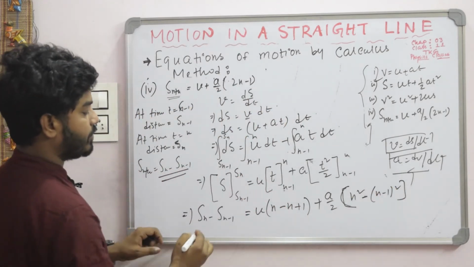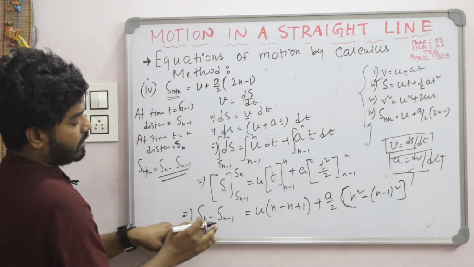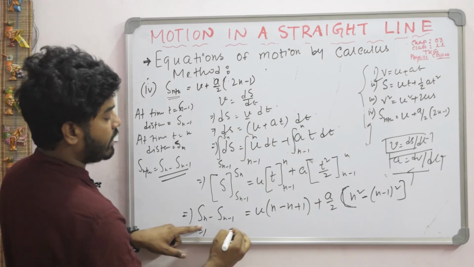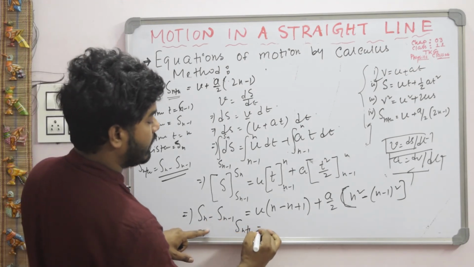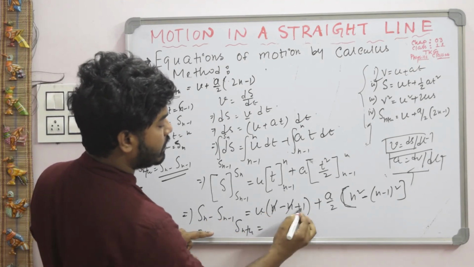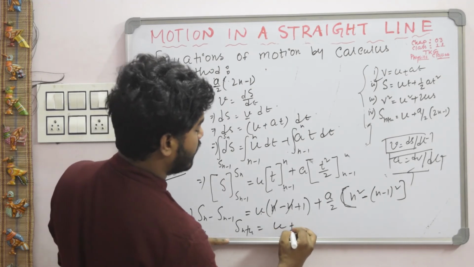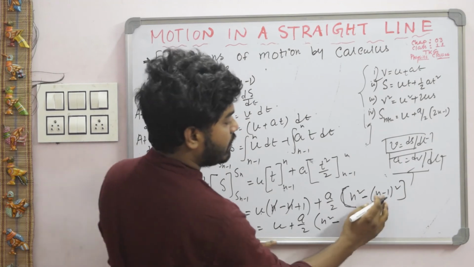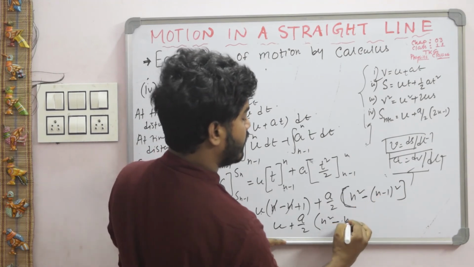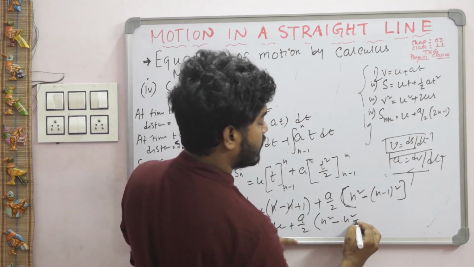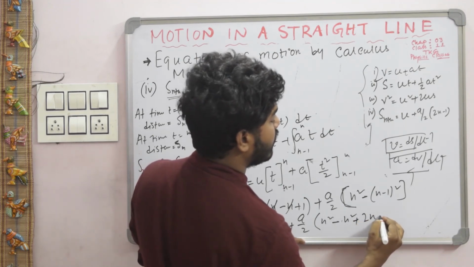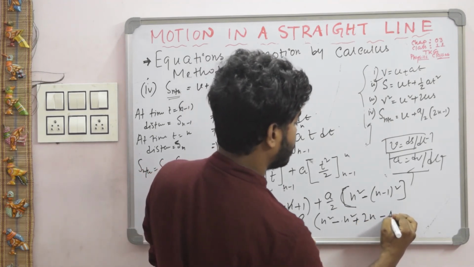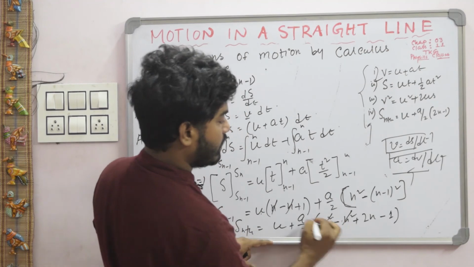Now simplify, s n minus s n minus 1, that is s nth, is equal to u, n cancels out, plus a by 2 into n square minus, just simplify it, n square minus n square plus 2n minus 1, n square cancels out.